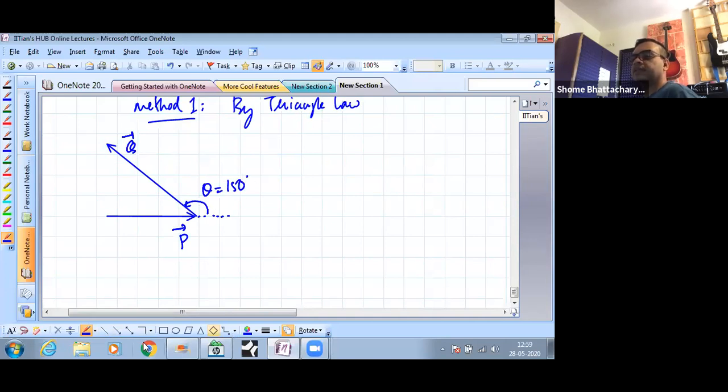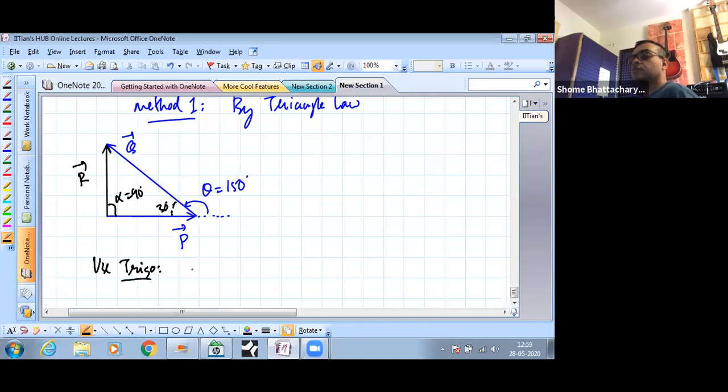Okay. And then the resultant of these two is this one, where it is given that the resultant is making an angle of 90 degrees. So our alpha is equal to 90 degrees. If you draw the triangle, you can directly use trigonometry. So you can see that this angle here will become 30 degrees.